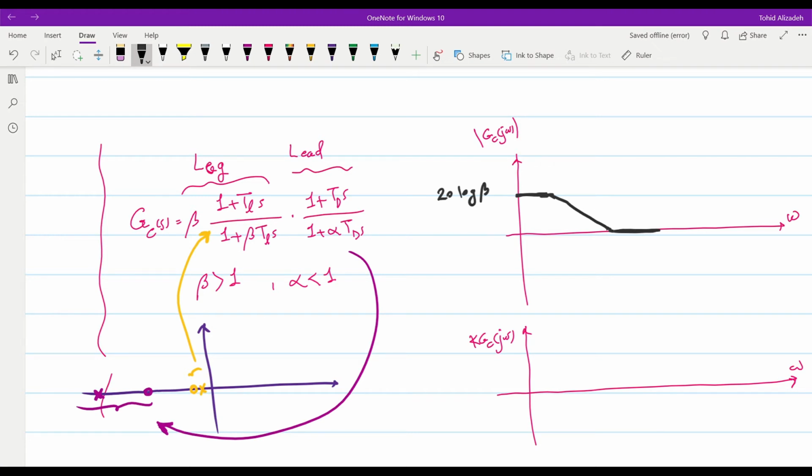And then we will see the effect of the lead. When we reach the frequency at which the zero is located, the amplitude will start to increase. And then once we meet the pole, the amplitude will remain the same.